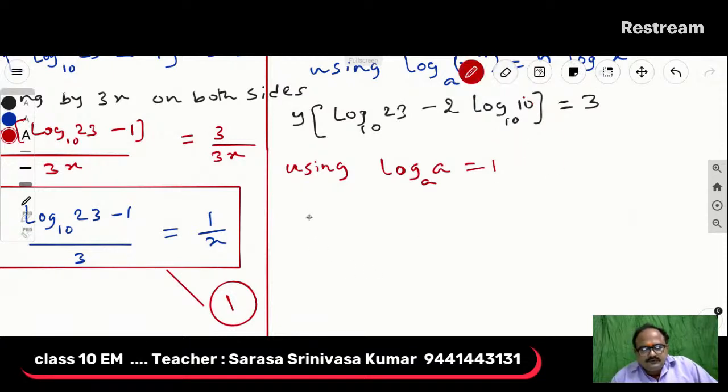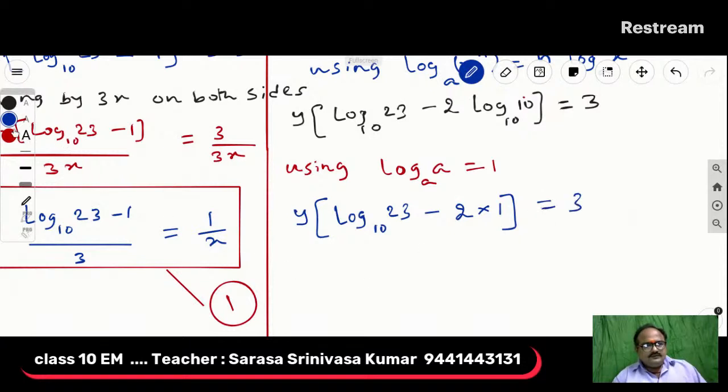So we can write y multiplied by log 23 base 10 minus 2 multiplied by 1 equal to 3.